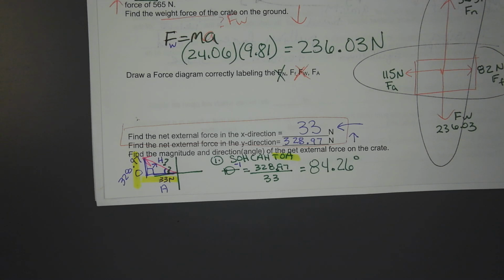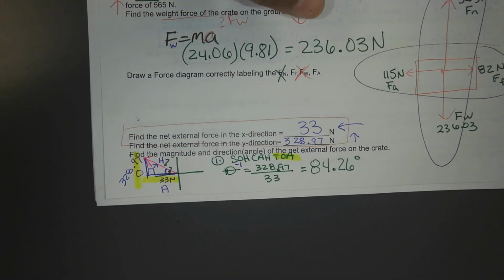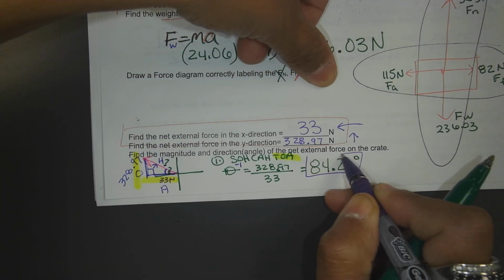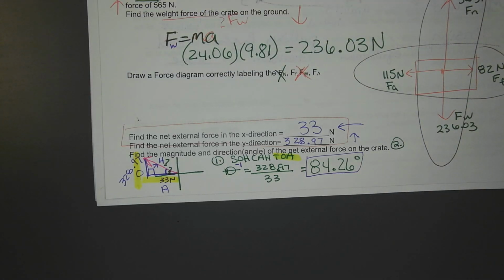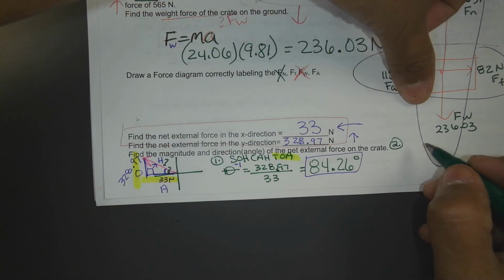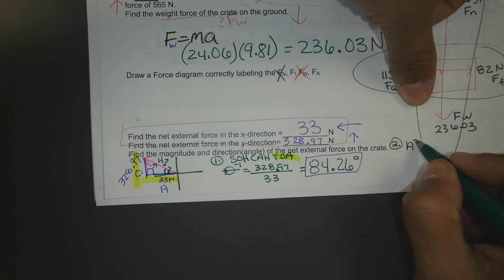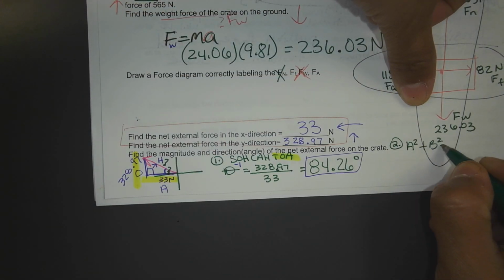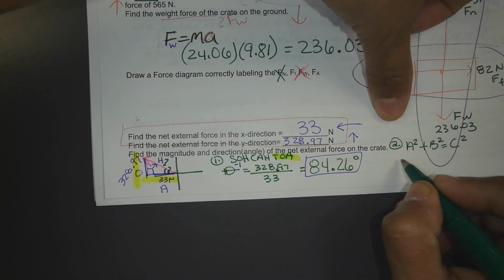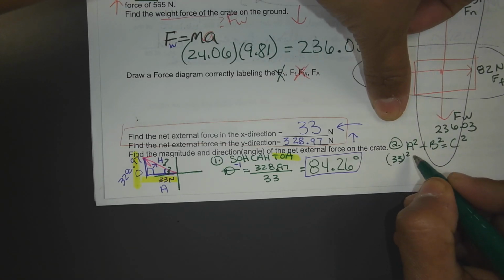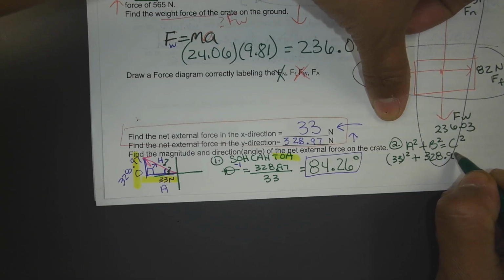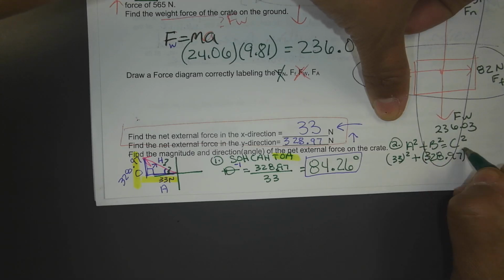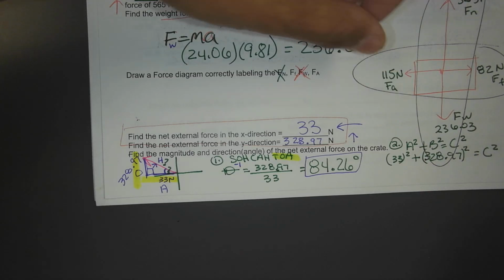Now I'm going to do part 2, and let me just box that in for myself. I'm going to call this part 2. Again, you can do SOHCAHTOA, but I'm going to do Pythagorean, whichever one you prefer. But I'm going to say a squared plus b squared equals c squared, or 33 squared plus 328.97 squared equals c squared.